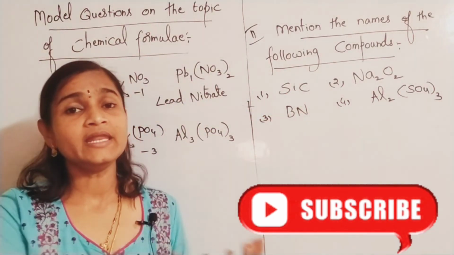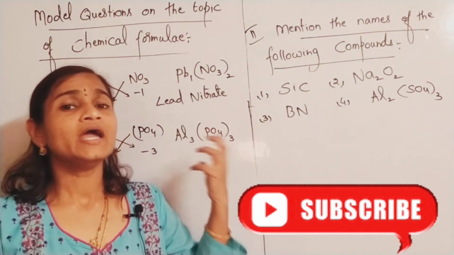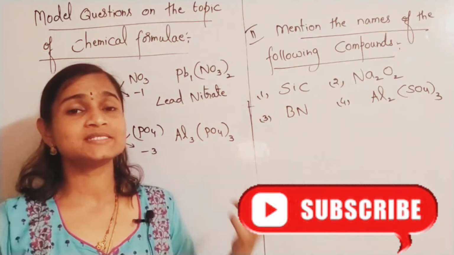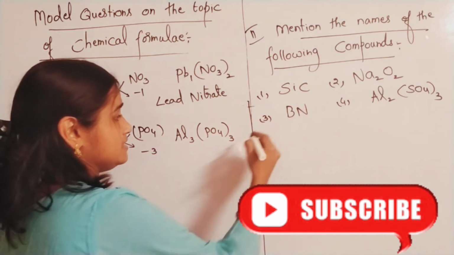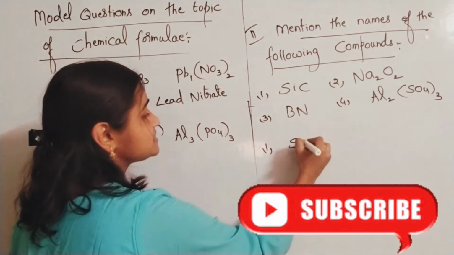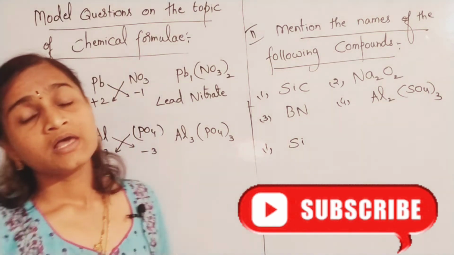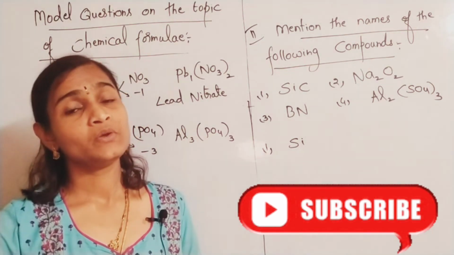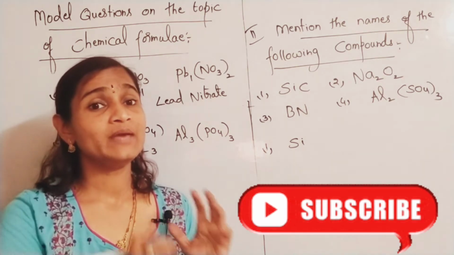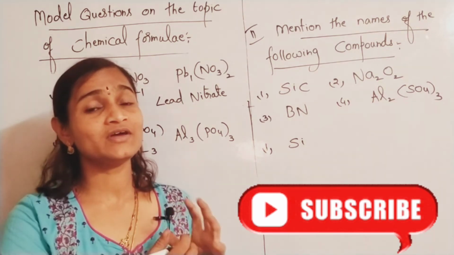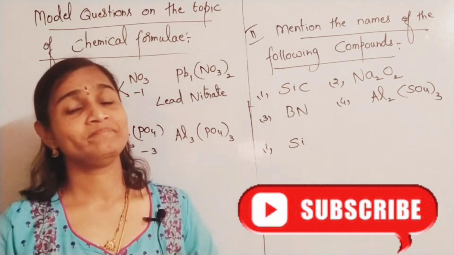When you are writing the names of the compounds, you have to identify the names of the elements which are present in them. So here's SiC, first one. Si stands for silicon. C stands for carbon. Only C, if it is there, you call it with the name of the ion. Can you recall the name of the ion with only C?